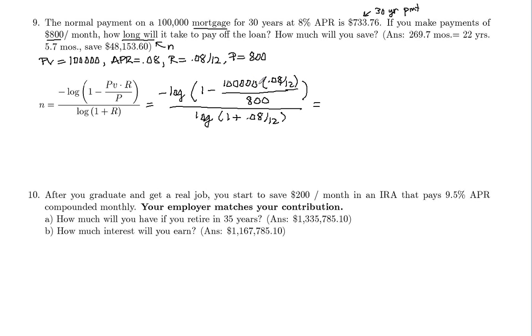That gives you 666.66, and then divide by 800. That gives you 0.83333. Then I would do 1 minus answer, or write this all out.